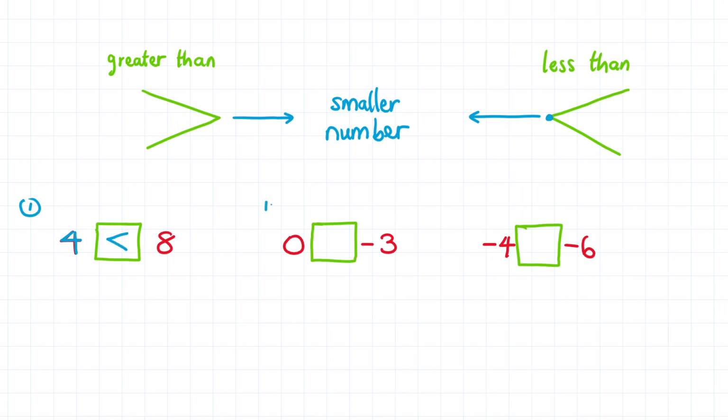And same thing for the second, between 0 and -3. -3 is smaller than 0, therefore it's going to be pointing towards the -3, so the greater than sign. And finally here we look at -4 and -6. We know that -6 is smaller than -4. Therefore, we're going to use the greater than sign.